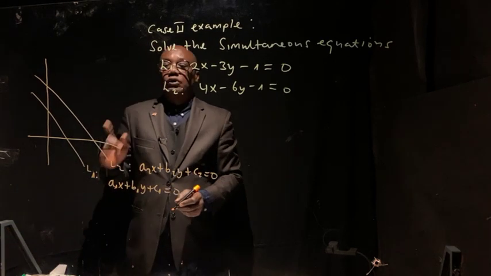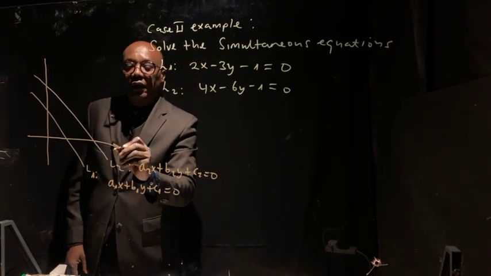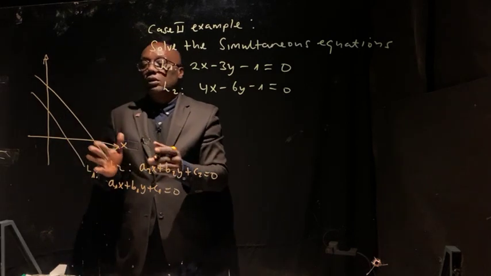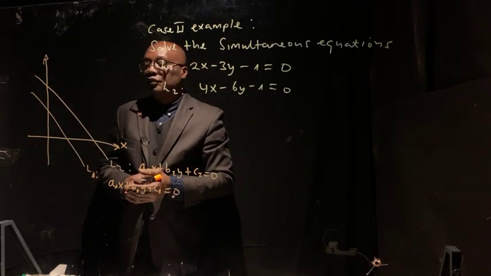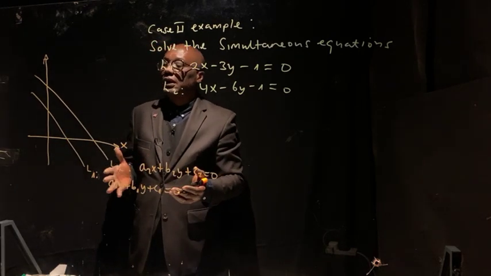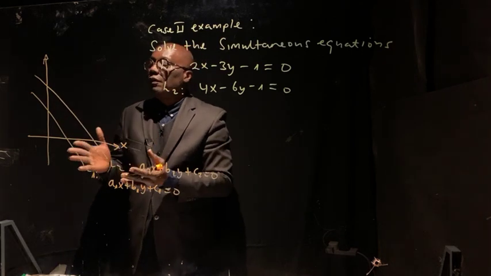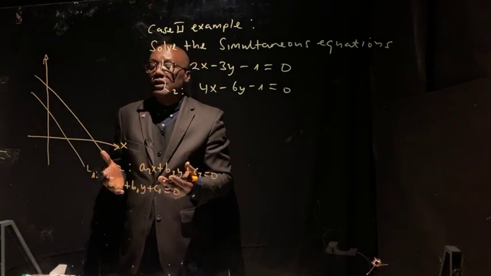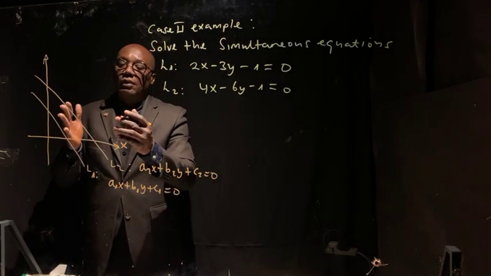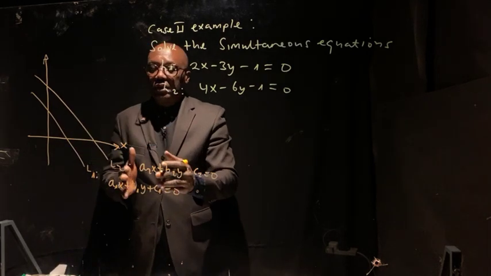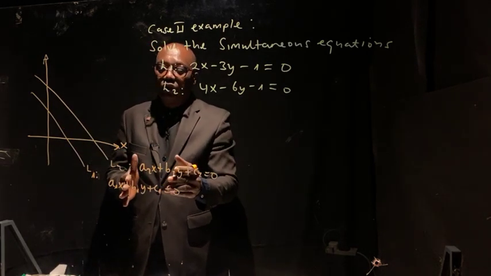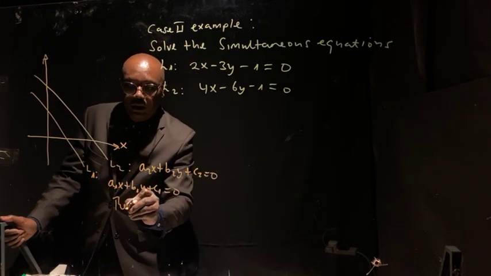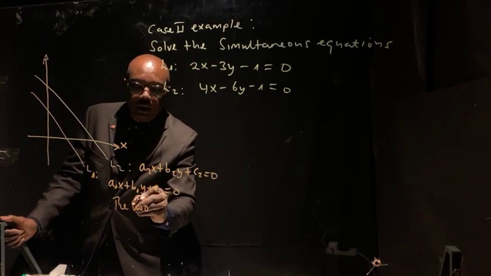You can see that the two lines are parallel, and because they are parallel, they don't have any point of intersection whatsoever. For that reason, we say that the two lines and the two equations are inconsistent.